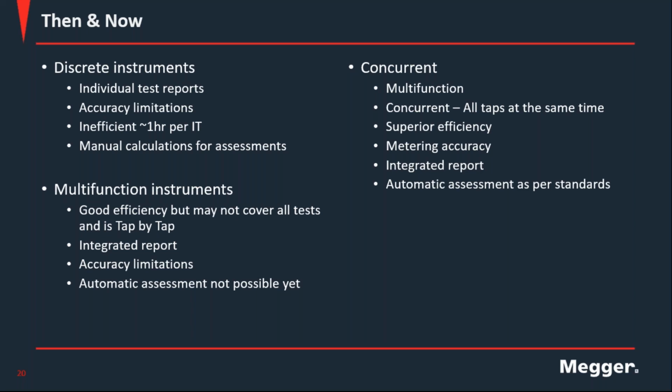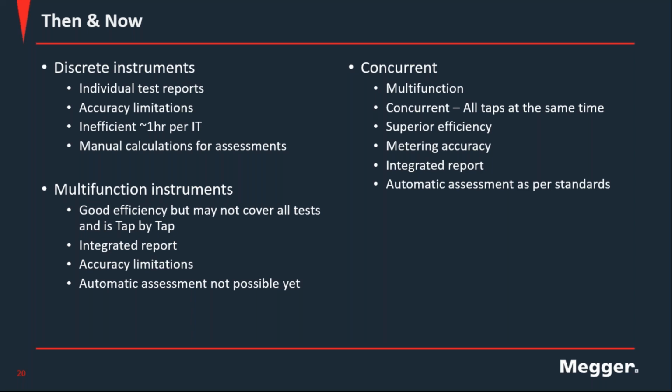Of course, I already mentioned that for discrete instruments, you get individual test reports. Sometimes these instruments will not have the accuracy to be able to test a 0.15 accuracy class instrument transformer. So you need very accurate instruments if you're testing this type of metering CTs or VTs. And performing individual tests is inefficient.